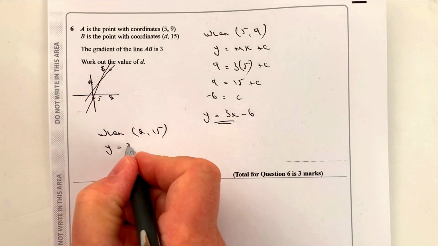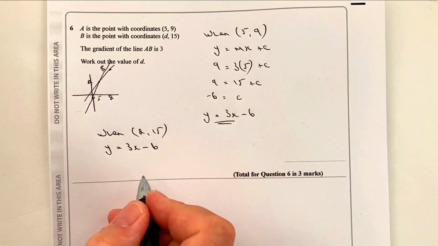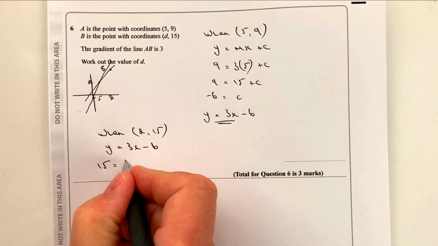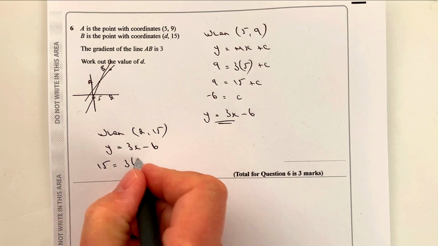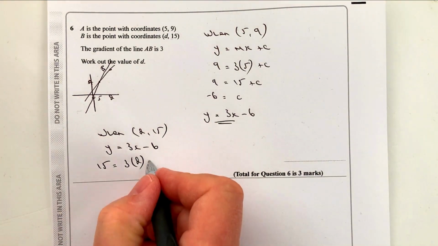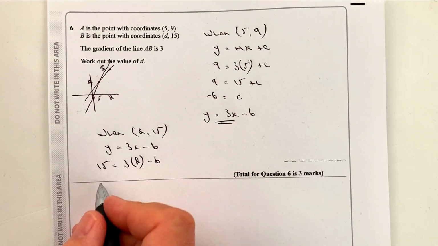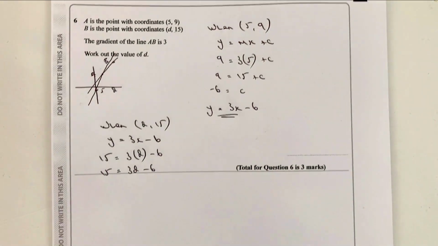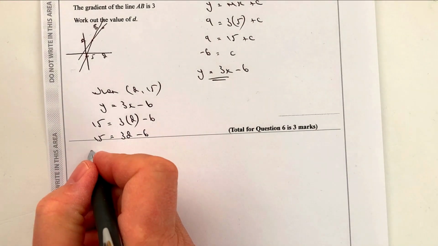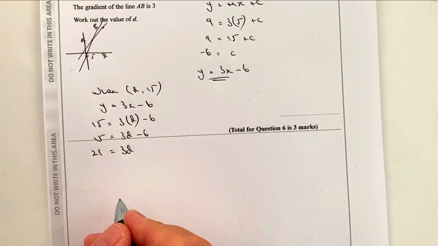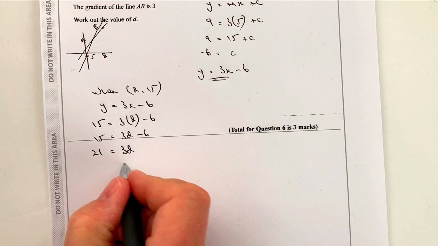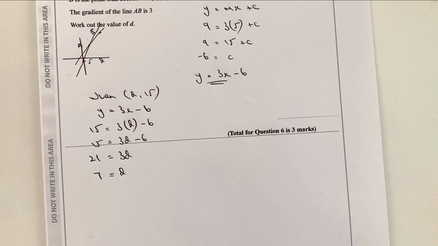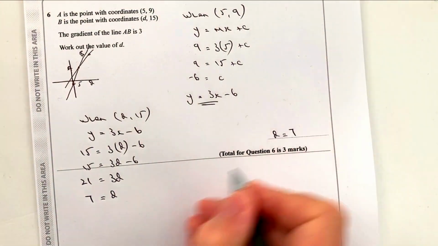I know that y = 3x - 6, so I can plug in the information. y is 15, and 3 times d, or x, whichever I'm looking for, minus 6. So I've got 15 = 3d - 6. Add 6 to both sides and I get 21 = 3d. Divide through by 3 and I get d = 7. So the answer to the question is that d = 7.